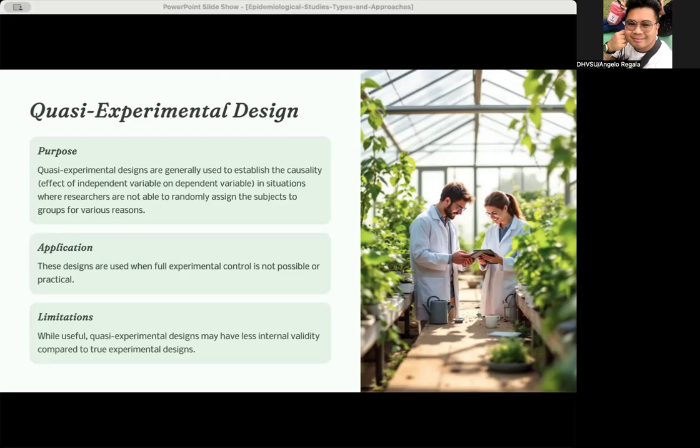Okay, so in a quasi-experimental study, you can have different designs: interrupted time series design, design with control groups, and design without control groups.